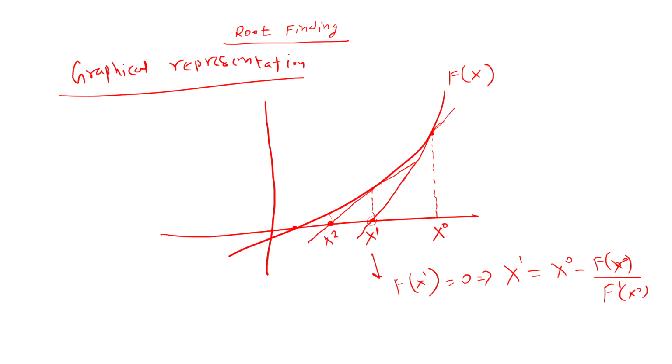Then at the third iteration, I will reach this x3. And eventually I will approach xr, that is the true root. So this is basically the graphical representation of this, that since we are doing the first order approximation of function f of x, that first order approximation is represented by this line.